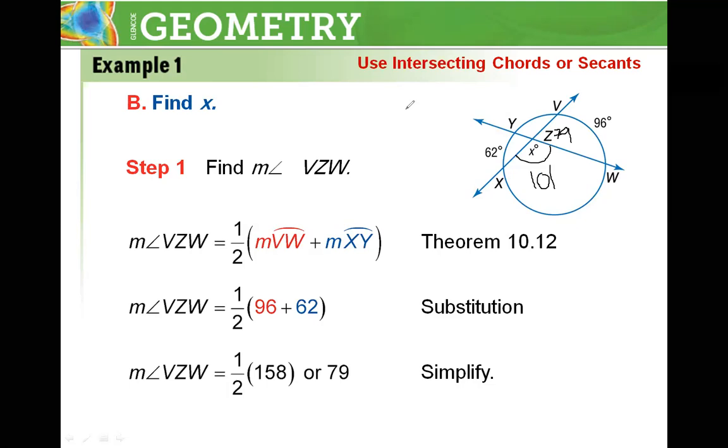And working by the theorem and going through the steps, he gets that the measure of angle X equals 101. Thanks, Muhammad. This is the answer of this problem.